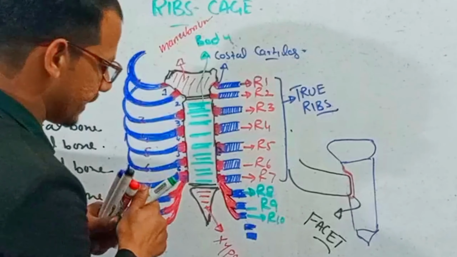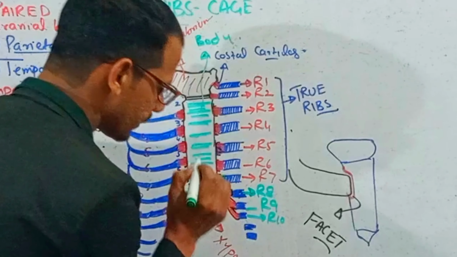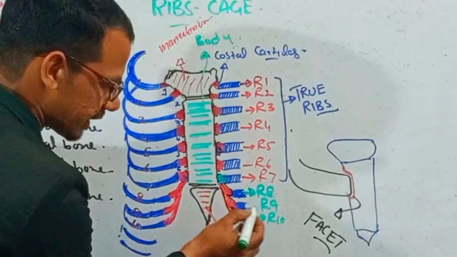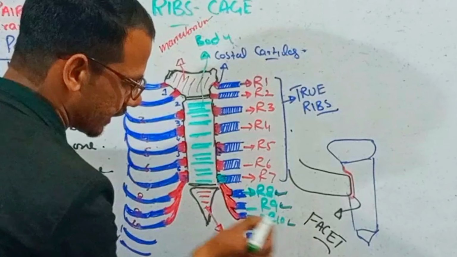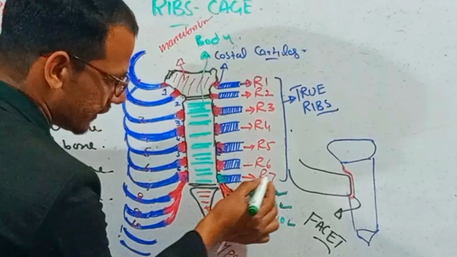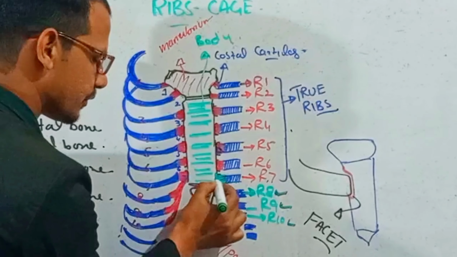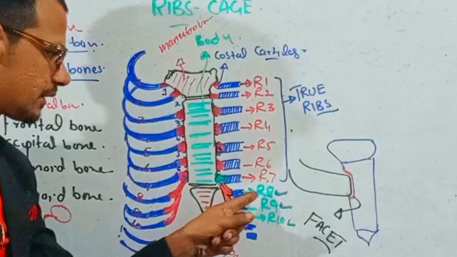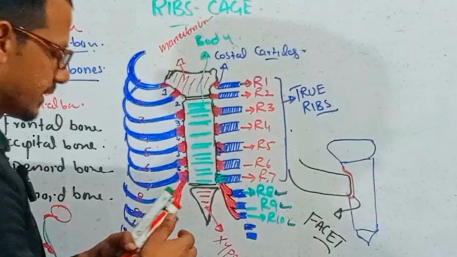For example, this green is the costal cartilage of R7, right? And this red is the common costal cartilage of R8, R9, and R10. First it attaches to the costal cartilage of R7, and then it joins the sternum through facet number 7. So these are called false ribs because they are indirectly attached to the sternum, right?